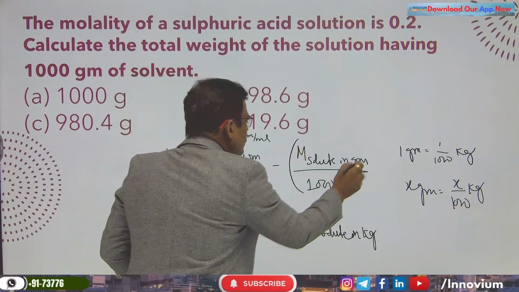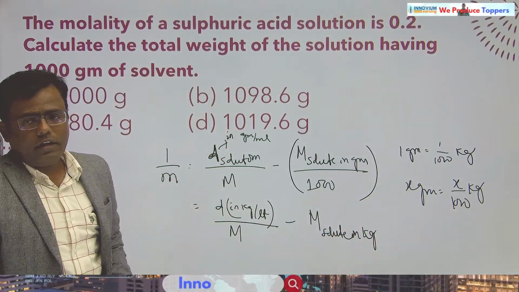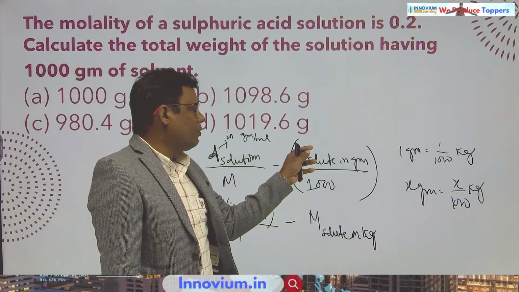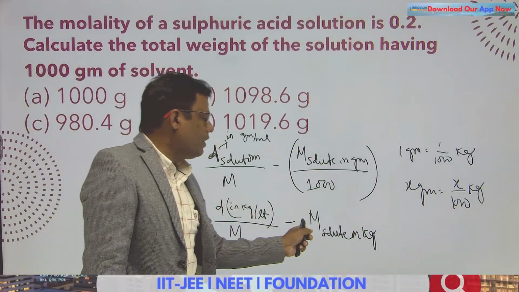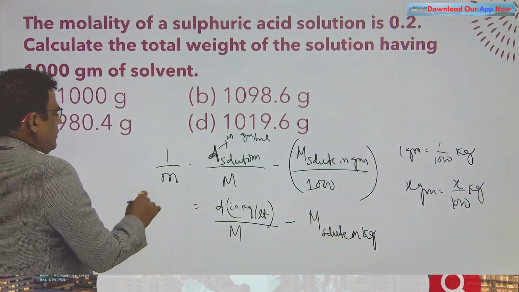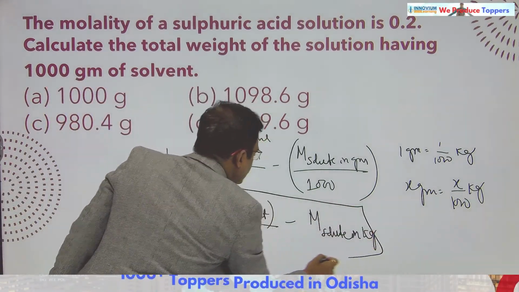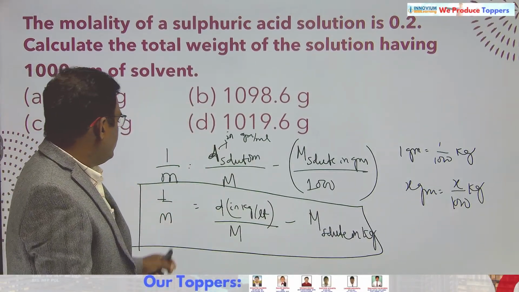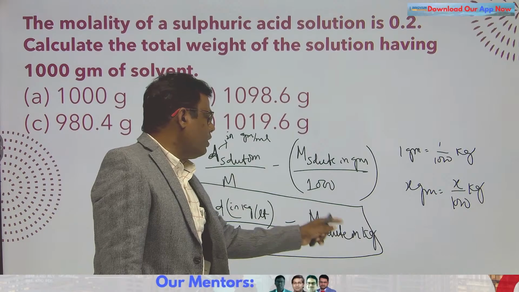So in place of this, directly we can put the molar mass of solute in kg. Correct. So this is another expression for molality and molarity if the density is given in kg per liter and molar mass of solute is in kg.